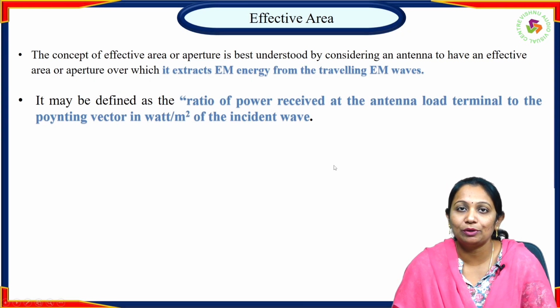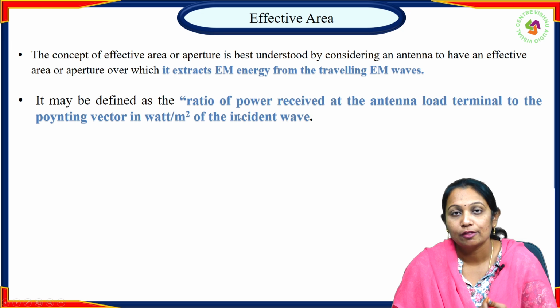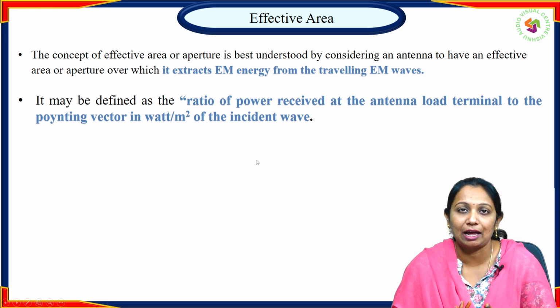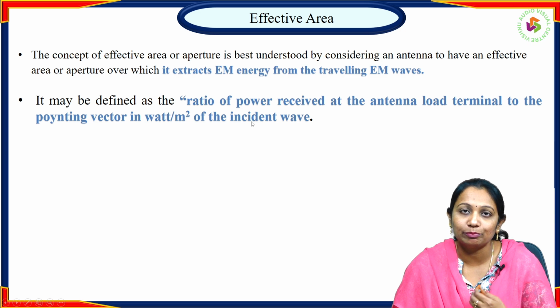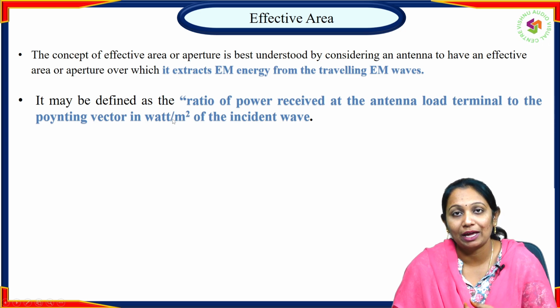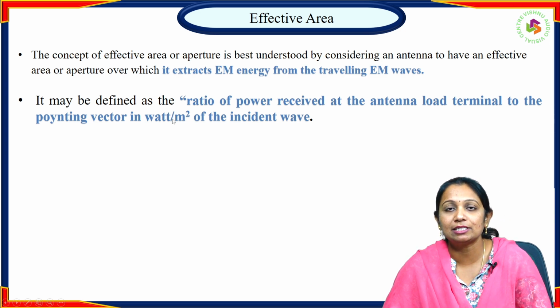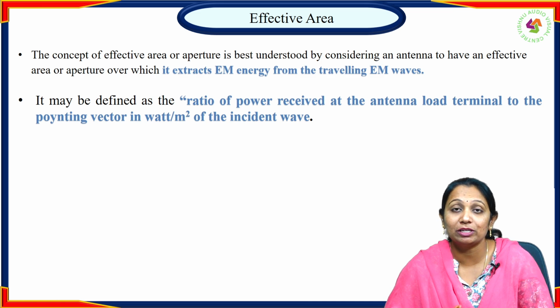The effective area defines how much EM energy the antenna extracts from the traveling waves. It can be defined as the ratio of the power received by the antenna to the pointing vector.